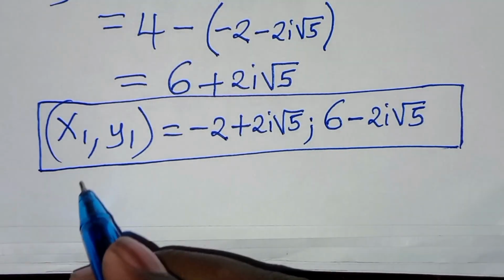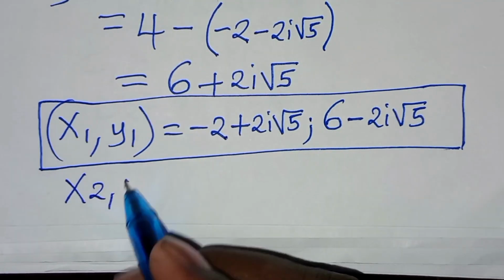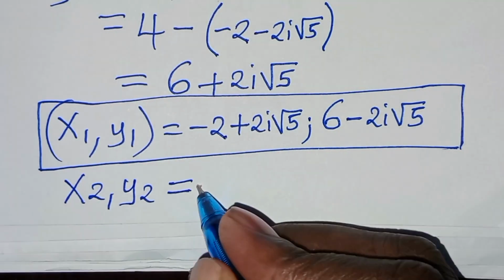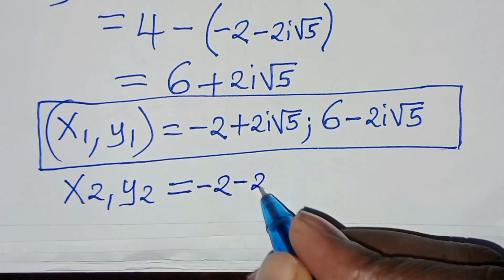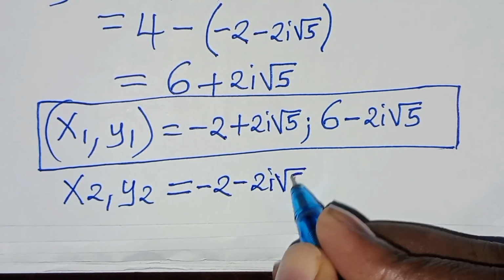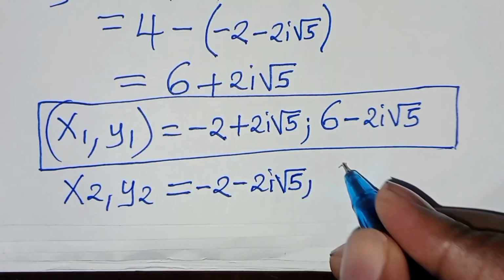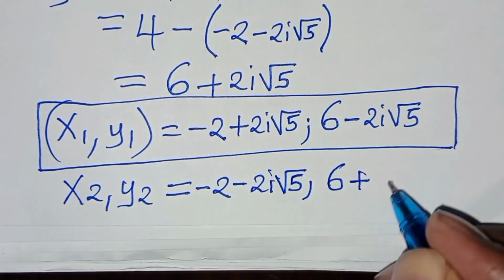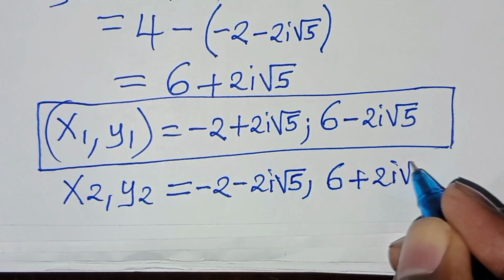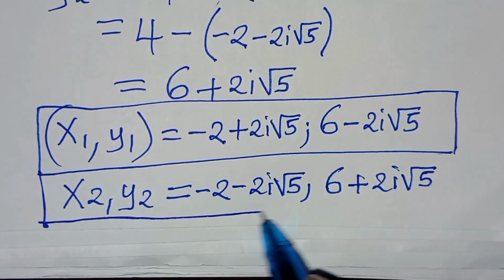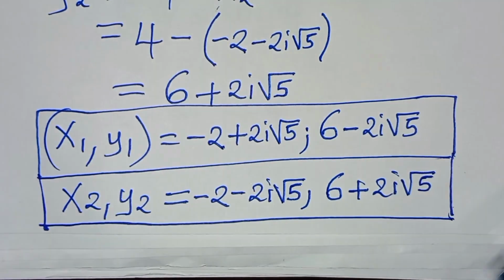And the second set of solution is x2 comma y2, which is equal to negative 2 minus 2i square root of 5, then comma, we have y2 is 6 plus 2i square root of 5. Now this is the second set of solution that we have.